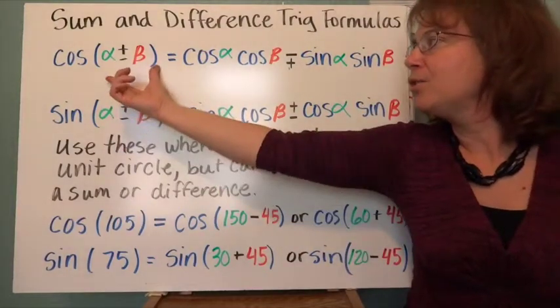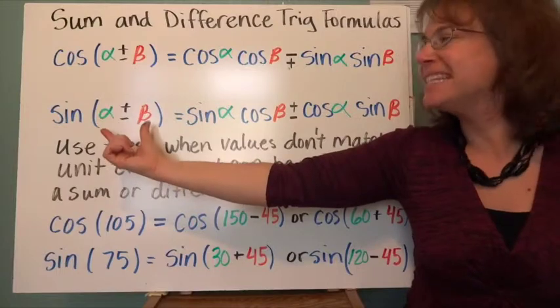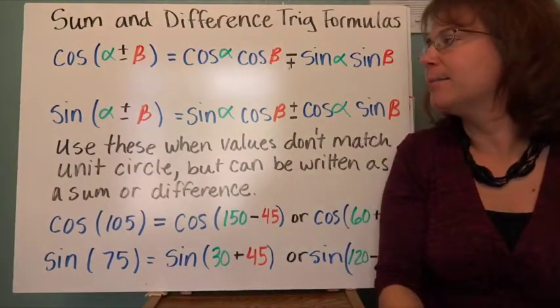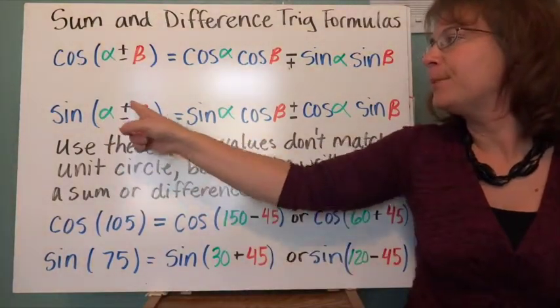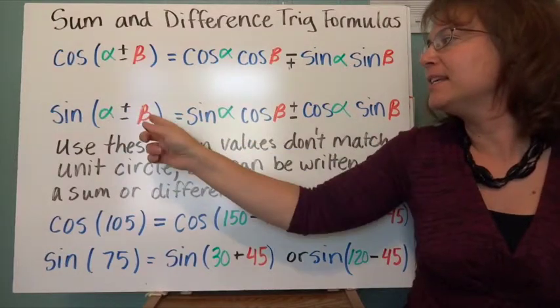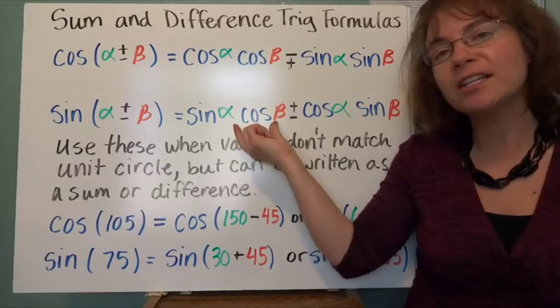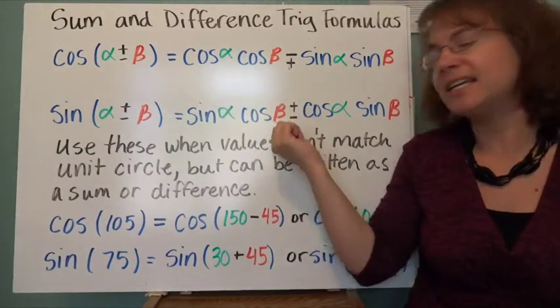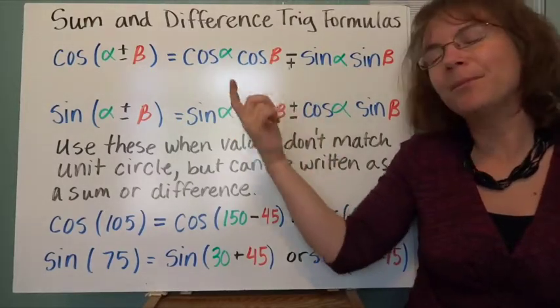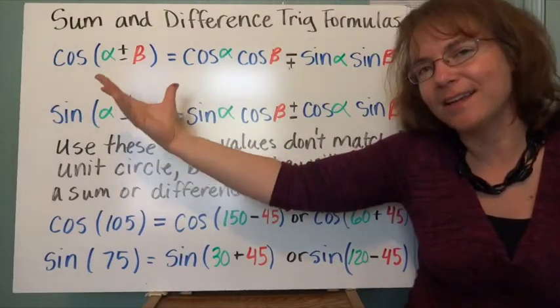So I have my cosine of my sum and difference, also my sine of my sum and difference. So sine of alpha plus beta, or alpha minus beta, equals sine of the first angle times cosine of the second angle, and my signs stay the same. And I remember that because I'm doing sine.